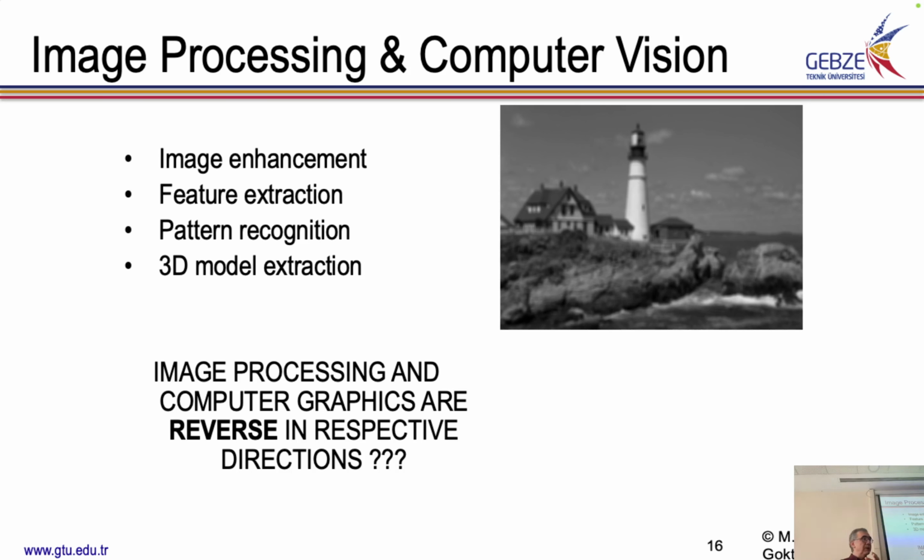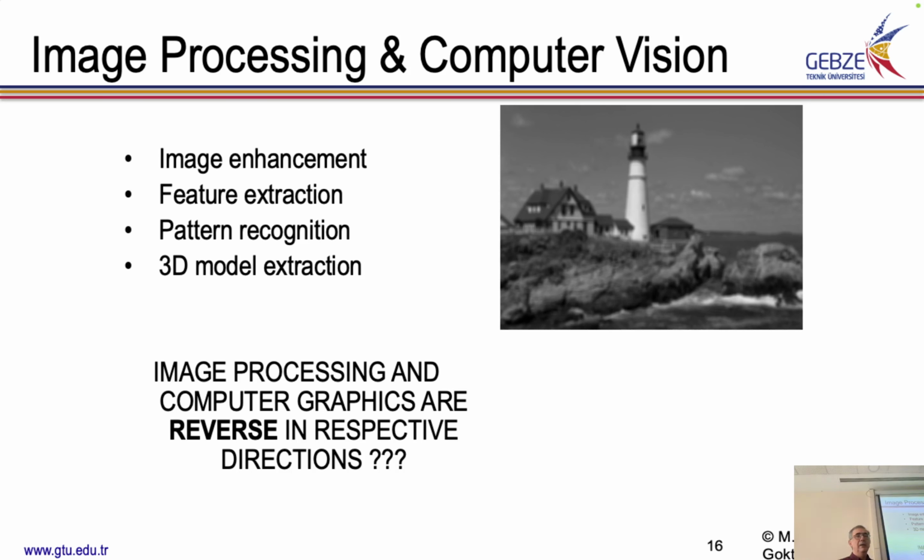In computer graphics, we are trying to generate an image from the models. So we have models, and we are trying to understand how it will look to the person. In image processing and computer vision, you have the image, you don't have the model. You are going backwards. So it is in opposite directions, reverse directions, and these are two very important areas.